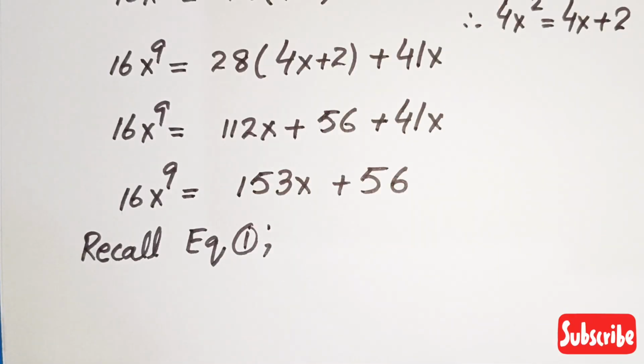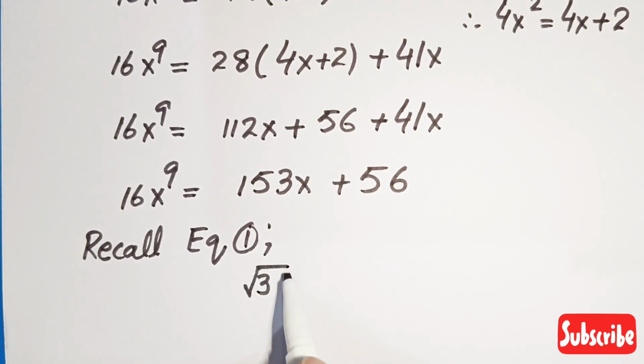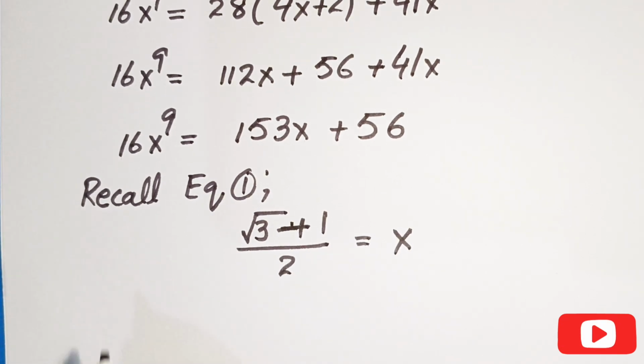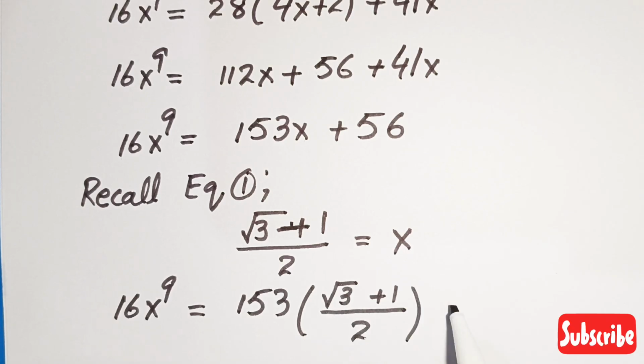So 16x to the power 9 is equal to 153 multiplied by x, but x is equal to (square root of 3 plus 1) all over 2, plus 56.